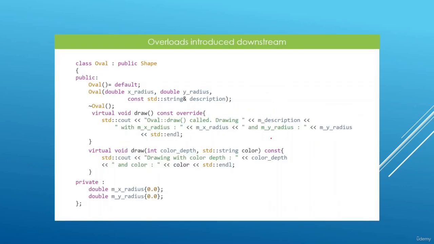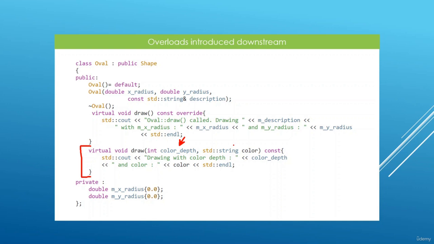Okay, so now we know this, but what if we set up another overload downstream? For example, what if we go in our oval class and set up another overload, which is going to have two parameters? For example, we might have the color depth and the color here that we want to draw with. Okay, so one thing you should know is that this method is not going to participate in shape polymorphism.